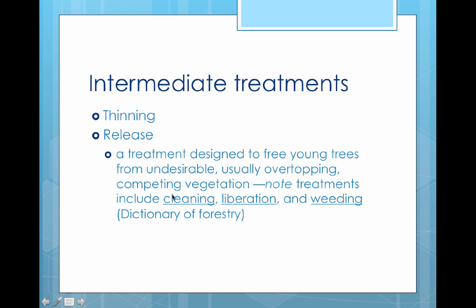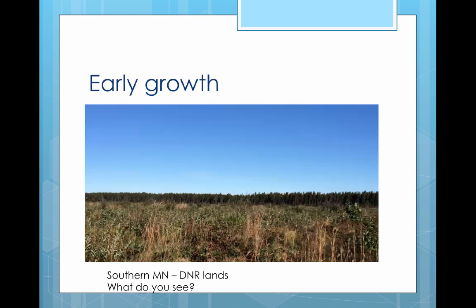And these treatments include cleaning, liberation, and weeding. So we're going to go into these three different types of release. But a main thing to take away from release: free young trees. So that's an important part of this definition. A release frees young trees.